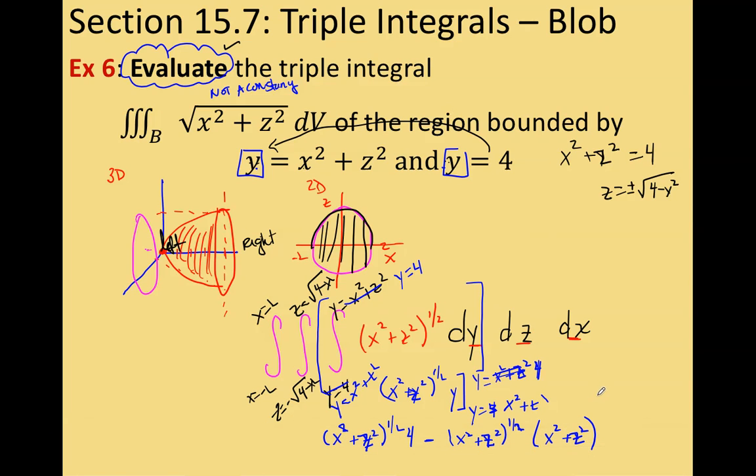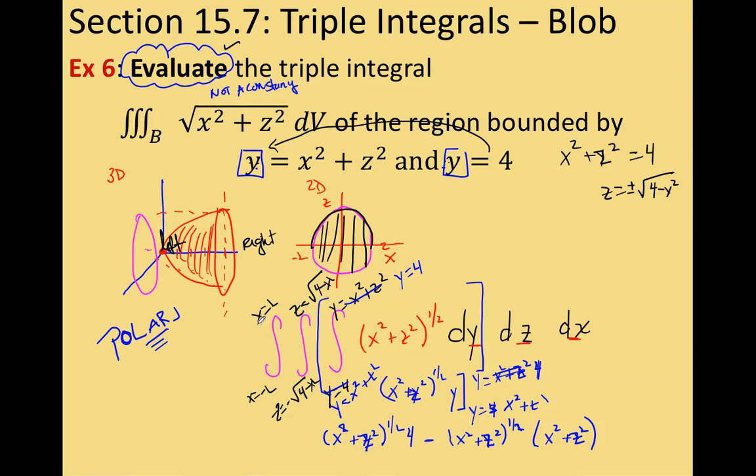I'm seeing an awful lot of x squared plus z squareds, gosh darn it. I've got circles here. I've got x squared plus z squared there. What is this making you think of? Yep. Polars. Polars is going to make these equations look a little nicer than they are right now.